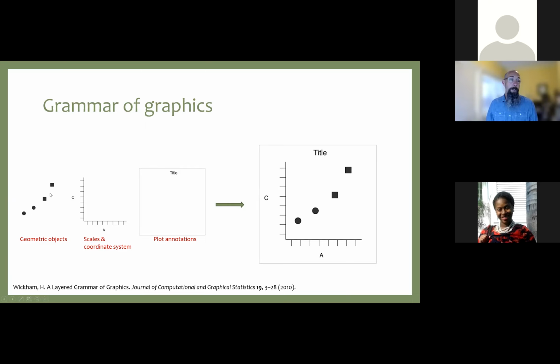So points or squares or lines. And we put them inside of scales and coordinate systems. Scales means what are the things on this axis and what is on this axis. Coordinate systems has to do with how these are related to each other. Is this a log scale or is one categorical, etc. And then really importantly, there's plot annotations.